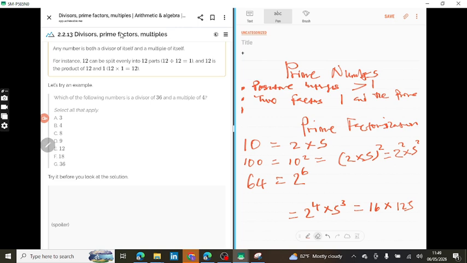So you have 100 already as 2 raised to the power 2 times 5 raised to the power 2. You already have this. But let me ask you, what do you multiply with 100 to give 2000?